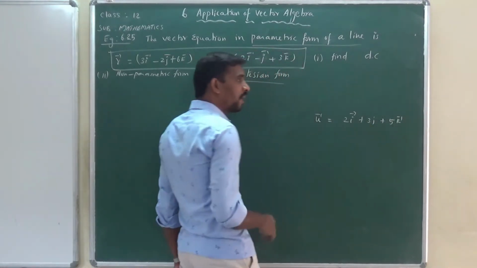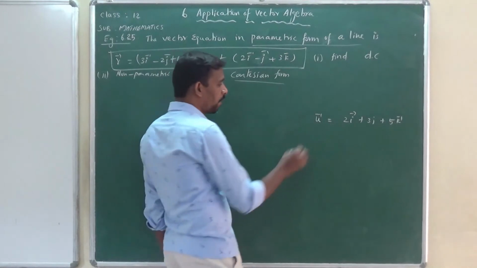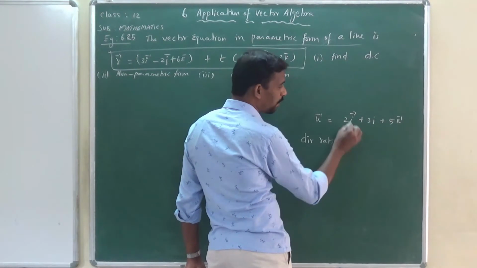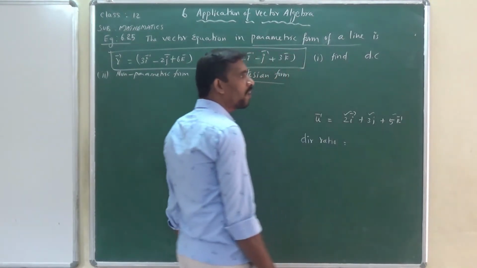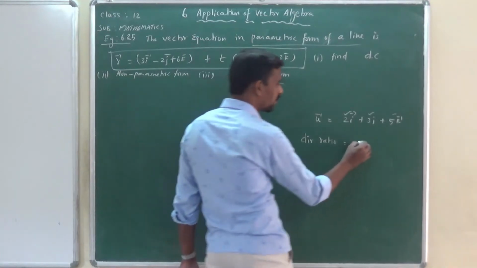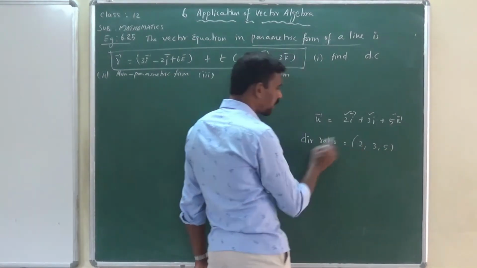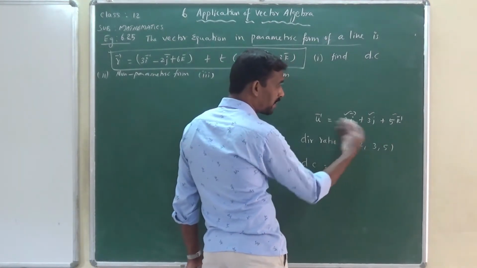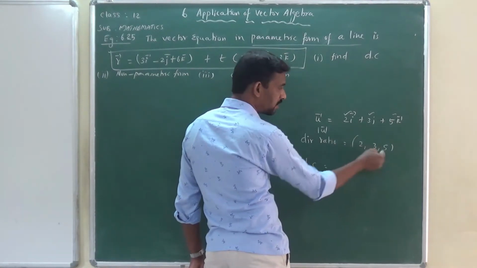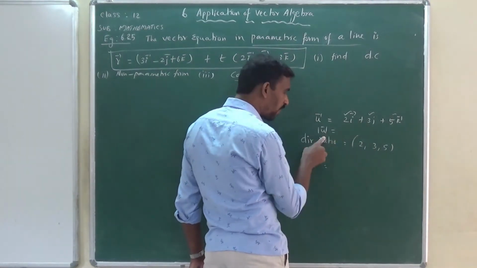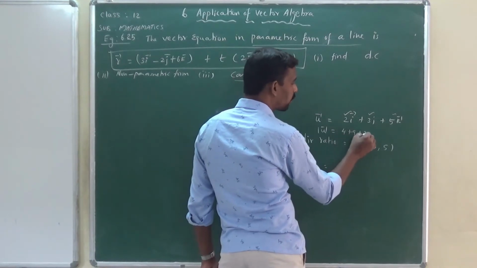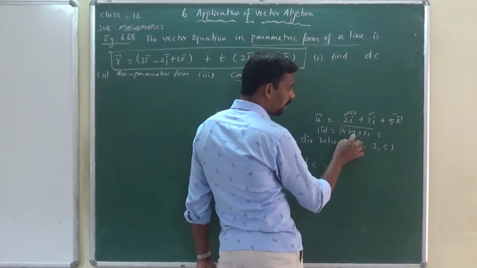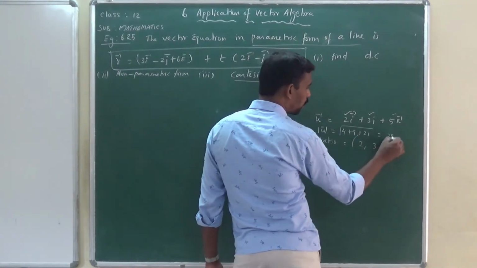To find the direction cosines, we first want to find the direction ratios. Direction ratios are nothing but the coefficients of i, j, k, which are 2, 3, 5. Now for direction cosines, we find the magnitude: 4 plus 9 plus 25, and take the square root. 25 plus 9 is 34, plus 4 is 38, root 38.